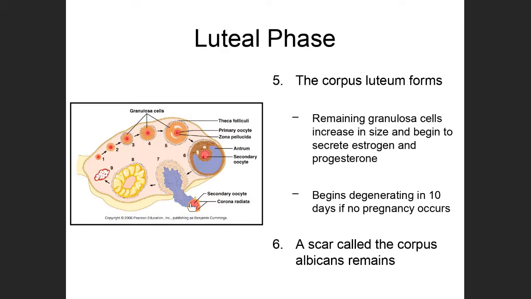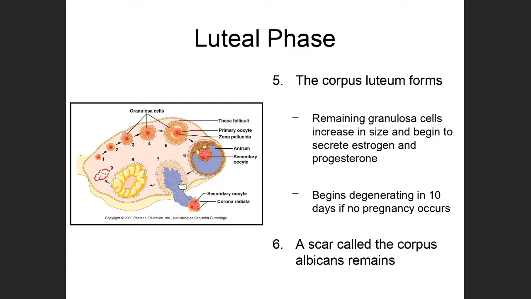So once that ovulation has occurred, we've finished up the follicular phase, we've had a mature oocyte that has been ovulated, it's been released into the body. I mentioned that those granulosa cells stay following that. At this point, our follicle has been destroyed. So remember, it was the cells that made up the follicle that were producing estrogen previously.